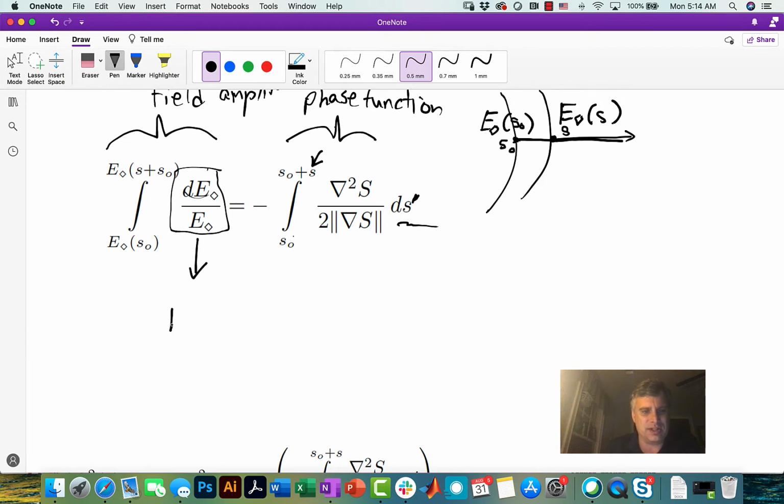This, of course, is the log of the field amplitude, and I've got to evaluate that from E at S naught to E evaluated at S along a ray.